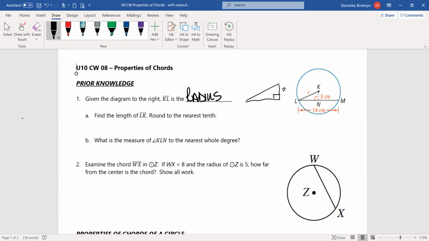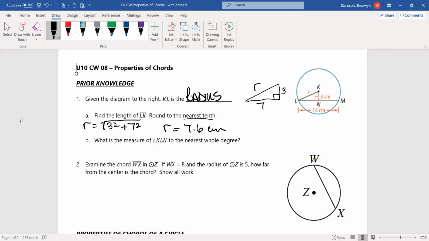We've got 3, and properties of chords tell us if we've got the perpendicular bisector, then we can cut that 14 in half. That makes this 7. And in order to find R, we use the Pythagorean theorem. R equals the square root of 3 squared plus 7 squared. It asks us to round to the nearest tenth. So plugging that into our calculator, R equals 7.6 centimeters.